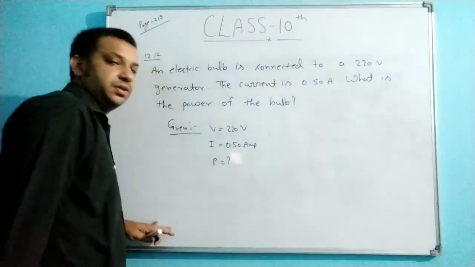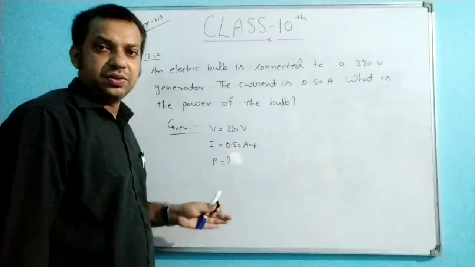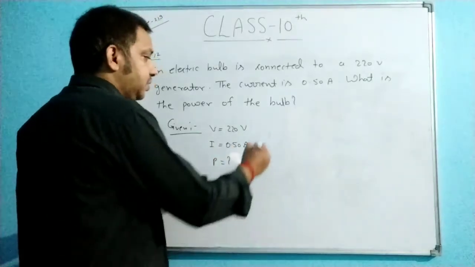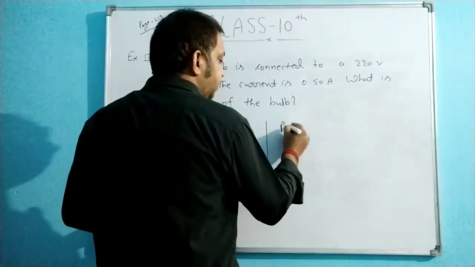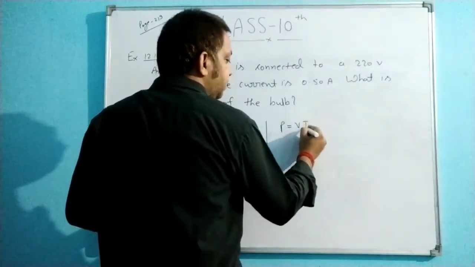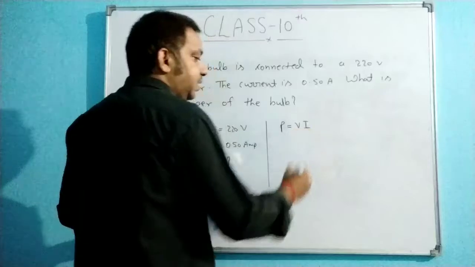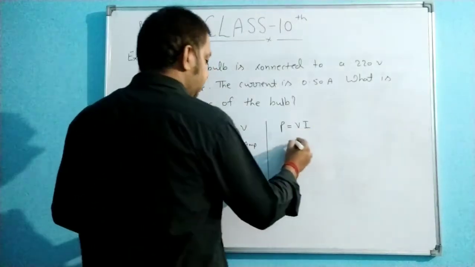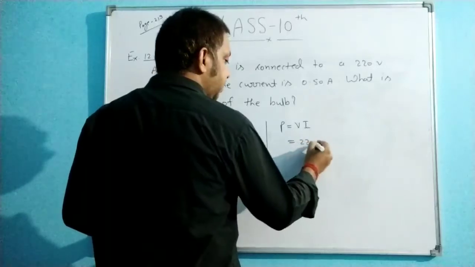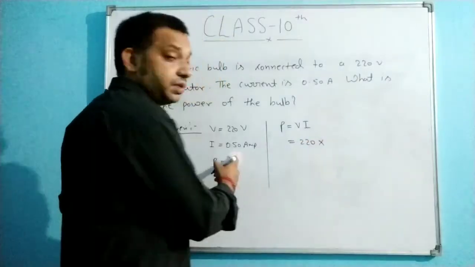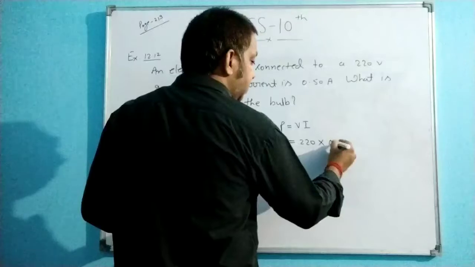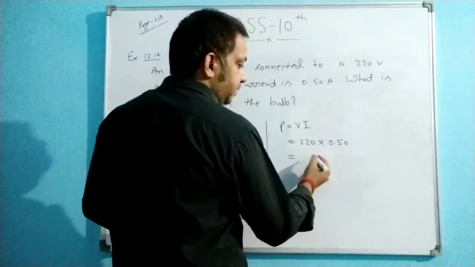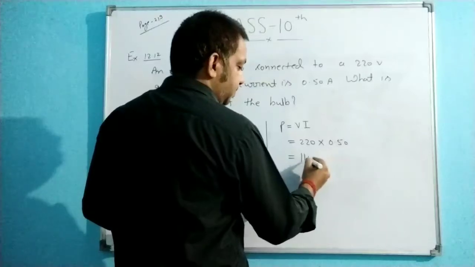So it is a very simple question. You know the direct formula relating the power, voltage, and current: P is equal to V into I. The value of the voltage is 220 and the value of the current is 0.50. On applying, you will get 110.